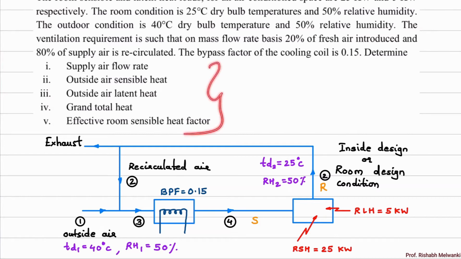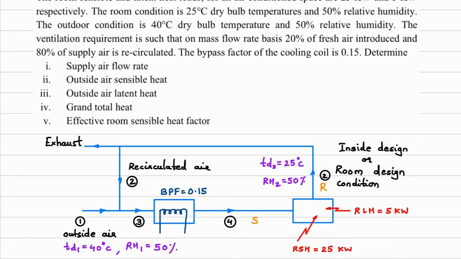You have to determine following things. Now here it is not given in the question whether mixing is done before cooling coil or after cooling coil. Okay, so here we are assuming that mixing is done before cooling coil. What is asked? Supply airflow rate, meaning we have to find 0.4 supply airflow rate.